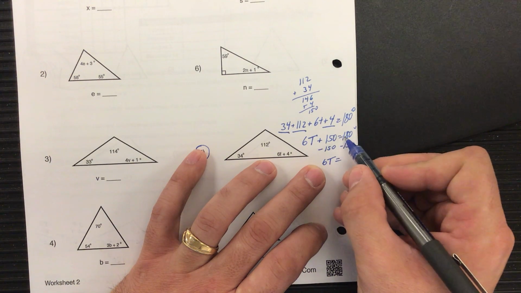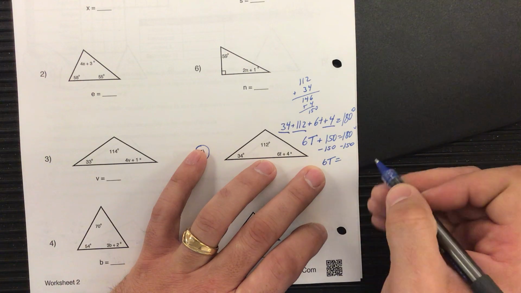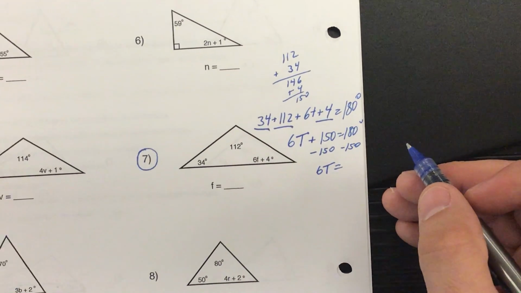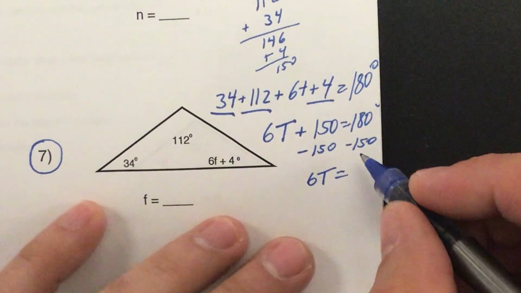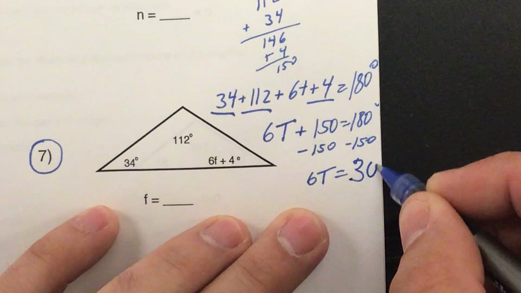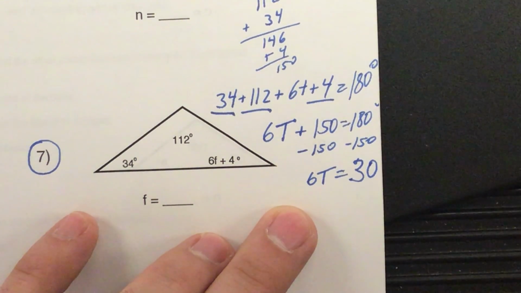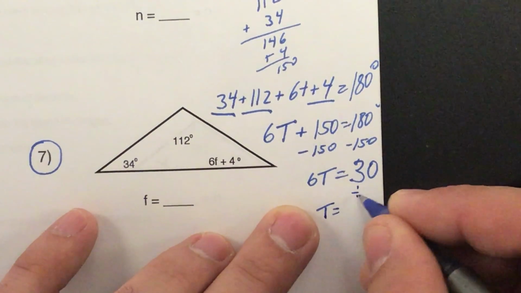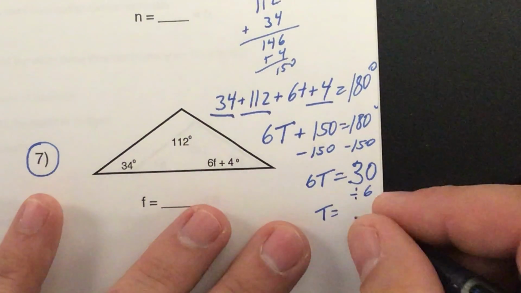That's just 30. And now what? Divide. By? 30 and 6. Yep. T equals 5. There you go.